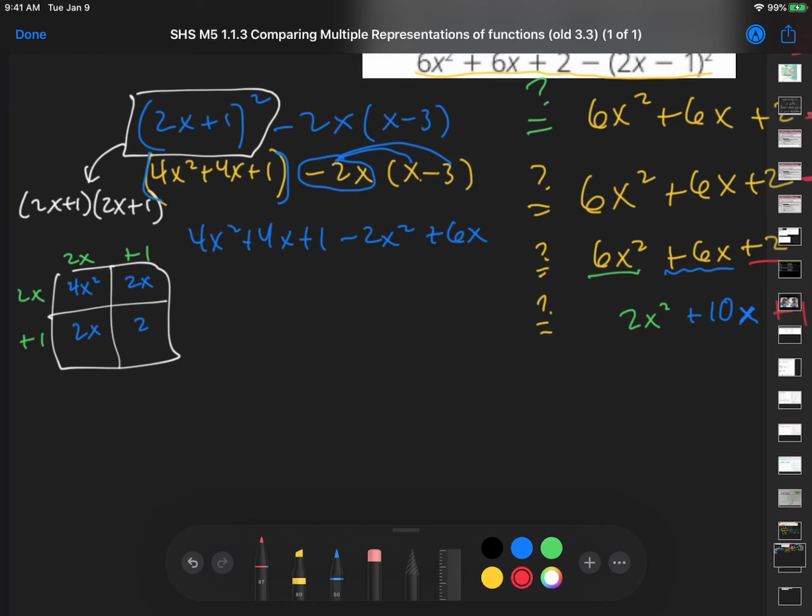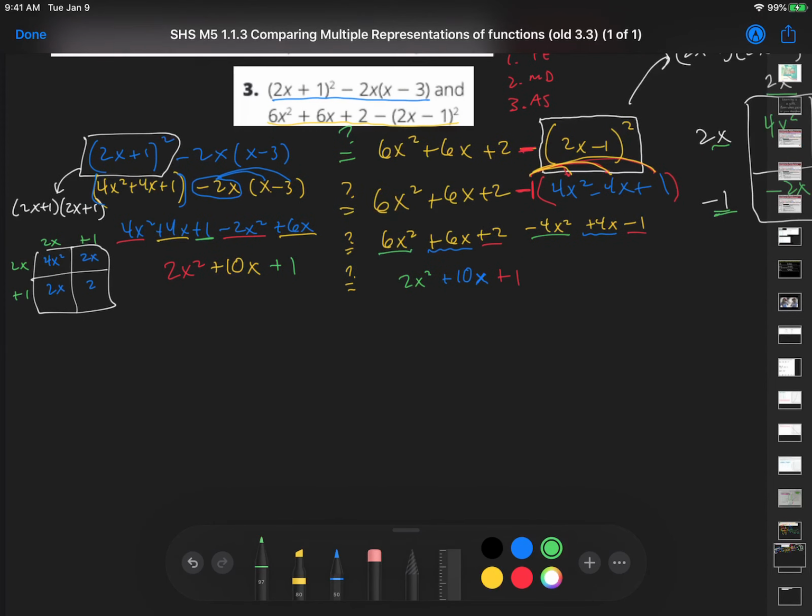Okay, so let's go ahead and find some like terms. 4x squared and negative 2x squared are the same because they both have an x squared, so 4 minus 2 is just 2x squared. 4x, 6x is going to be 10x, and this plus 1 here has no like term.